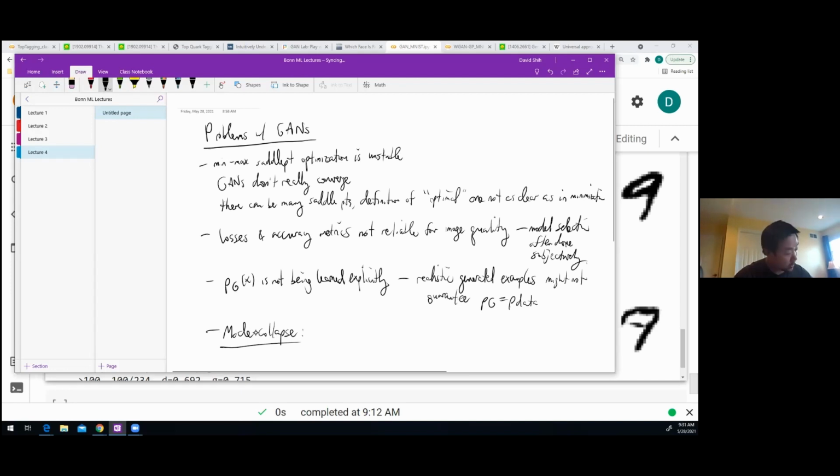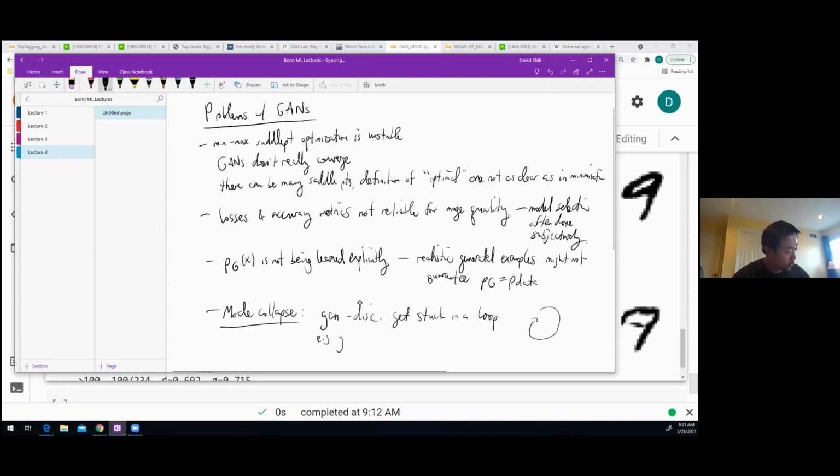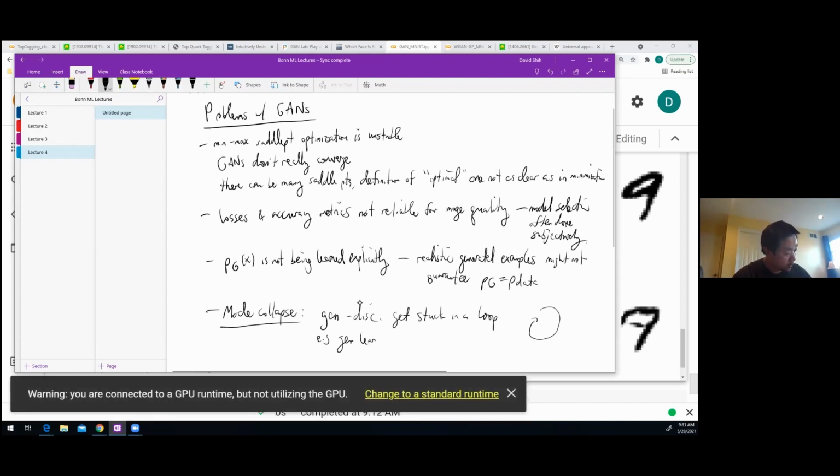And so what can happen here is that the generator and the discriminator can get stuck in a loop. Okay, so it can get stuck in sort of a non-converging cycle, right? So for example, the generator might learn to produce very realistic zeros, and it fools the discriminator.